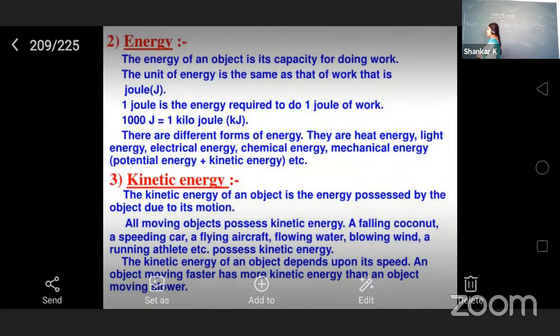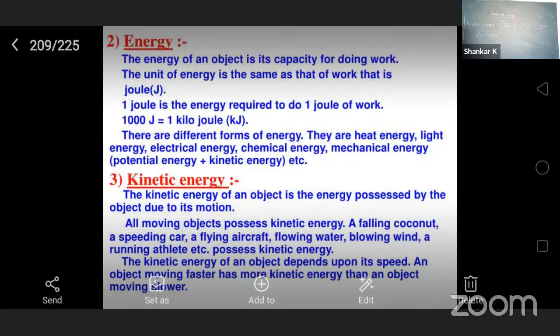So how do we derive this? You know Newton's laws of motion, the third law of motion: v square minus u square is equal to 2as. Right, students?